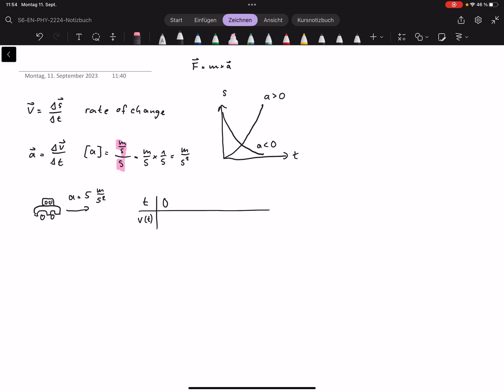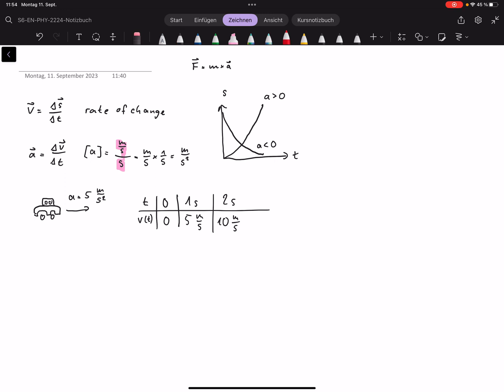So we can consider that at the starting point we have a velocity of 0. Now we have an acceleration of 5 meters per square second. That means after 1 second we already have 5 meters per second. And after 2 seconds we have 10 meters per second.